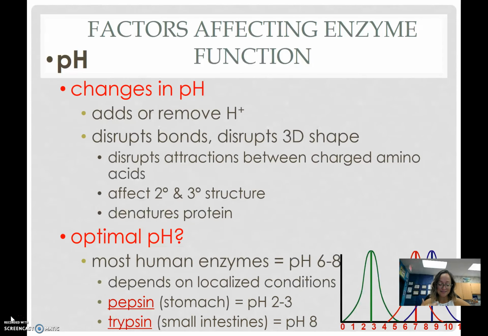Each place has a specific pH, so the enzymes work best in those locations of the body. And again, the pH will affect enzymes by influencing their overall shape, because the hydrogen ions will interfere with the secondary and tertiary structures of that protein.